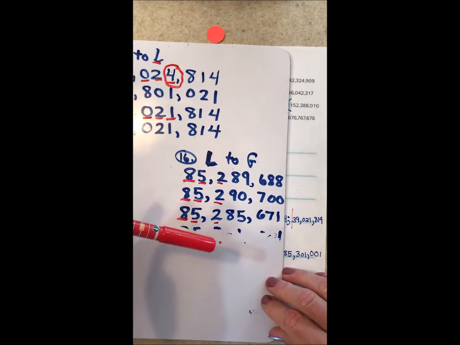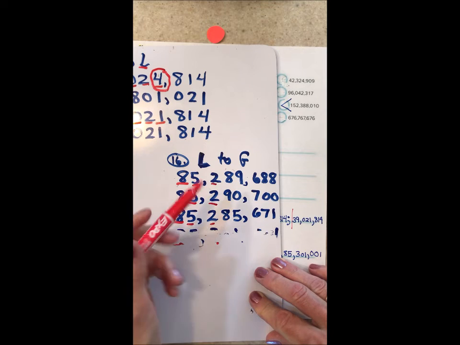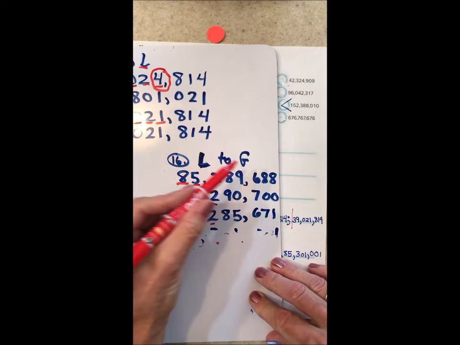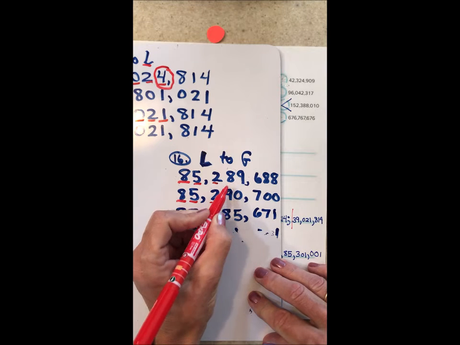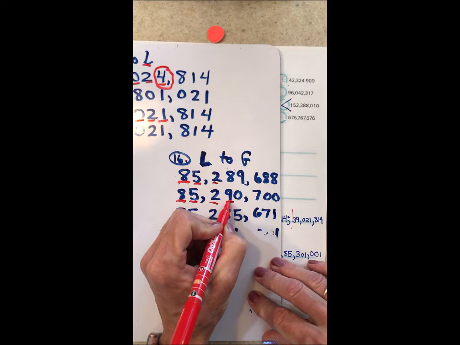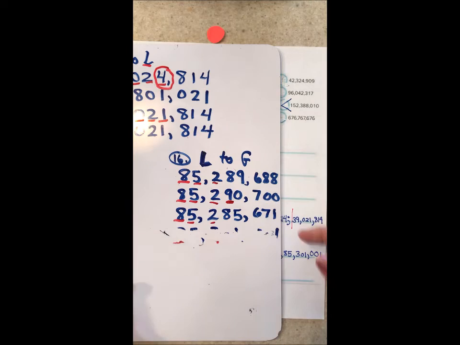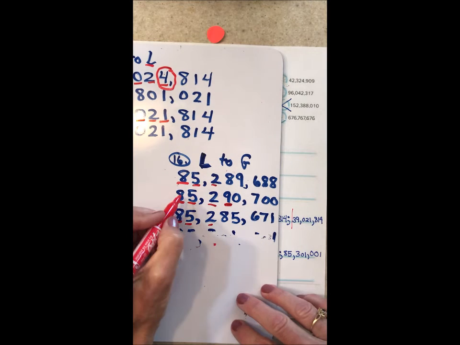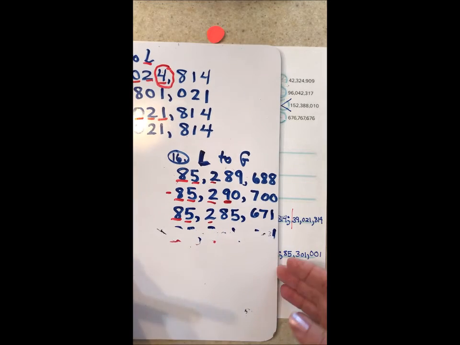So, looking at the whiteboard, we said these numbers all matched. I'm looking for the least to the greatest. Right here we have an 8 in the 10,000s place, a 9 and an 8. We have a clear winner. This one's the largest. Therefore, this number, once again, I'm going to transfer onto my paper because I know that is the next largest number. So I'm going to take this one and rewrite it.